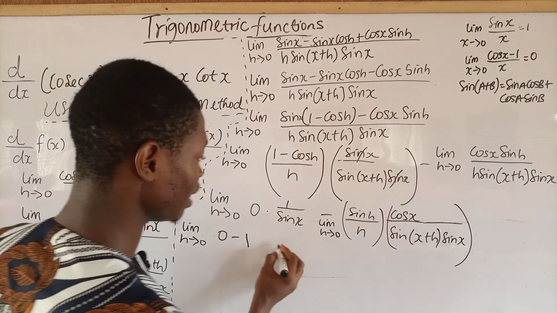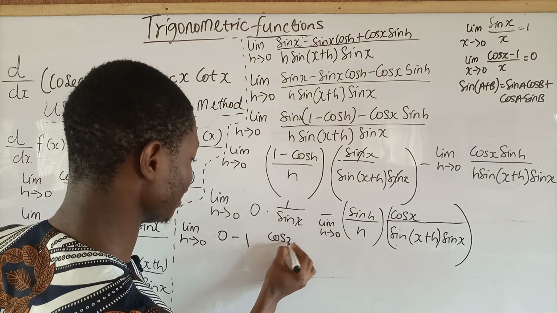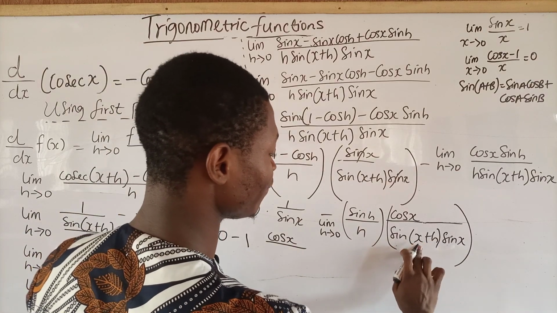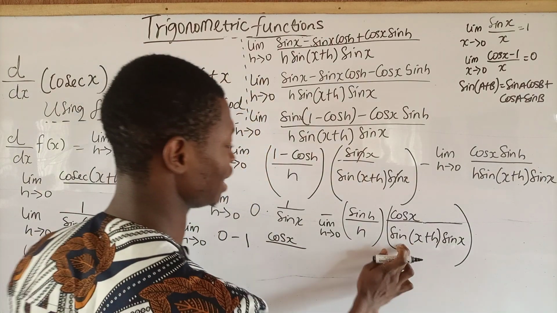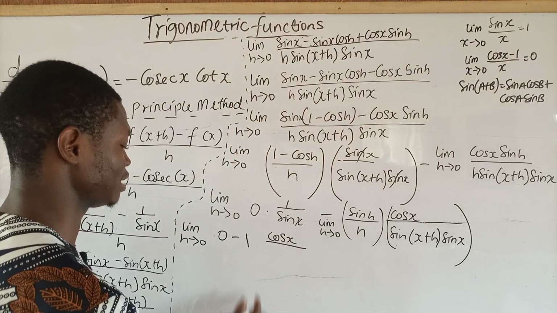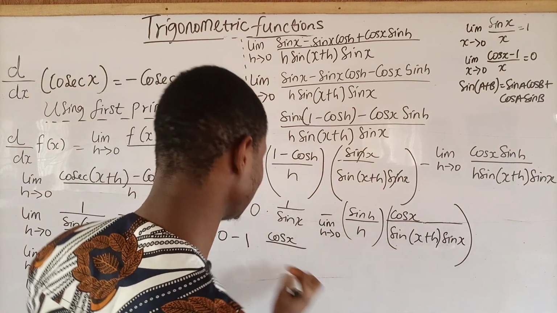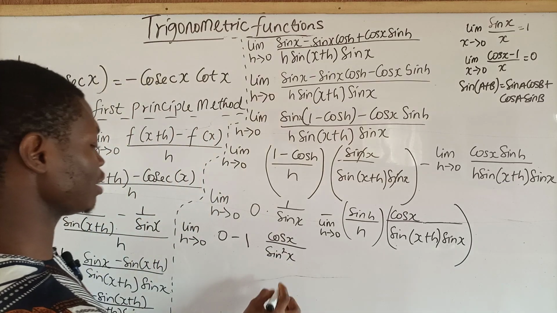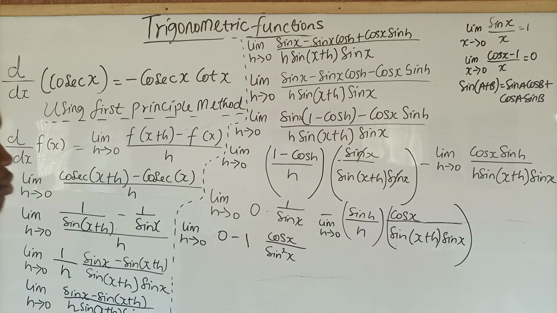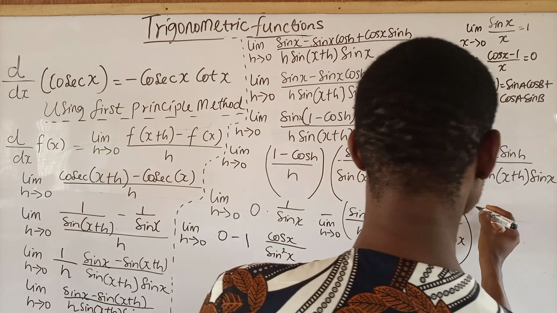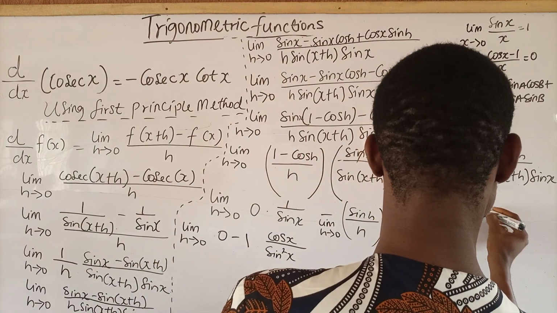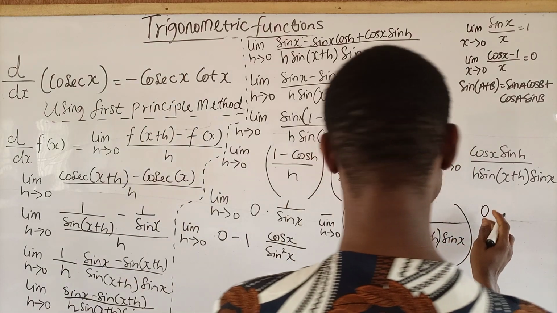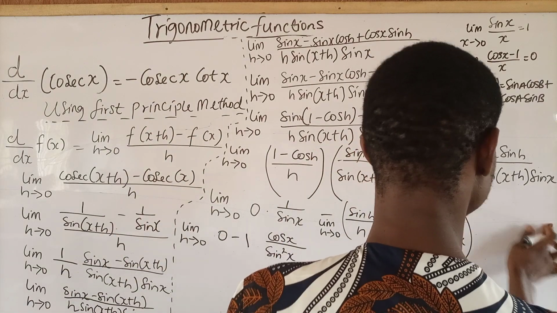So we have cos x all over, as h approaches 0, x plus 0, which is x, and sine times x is sine x. So sine x times sine x is sine squared x. Let me continue from here. Let's just throw away this 0.